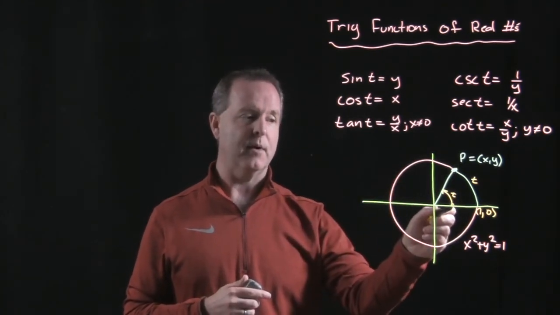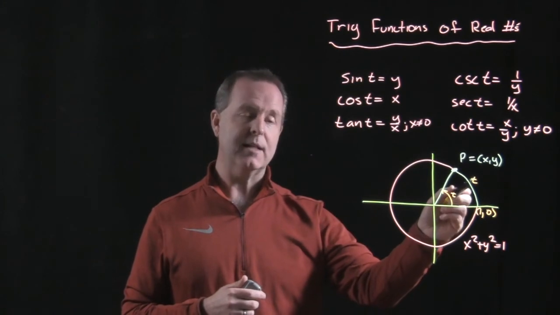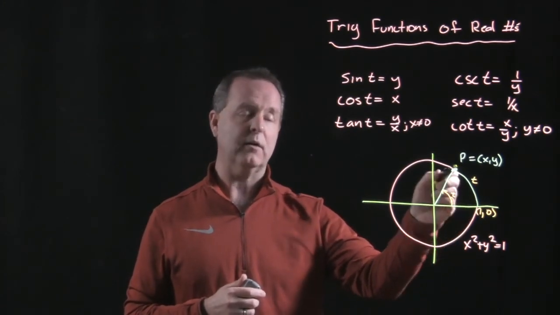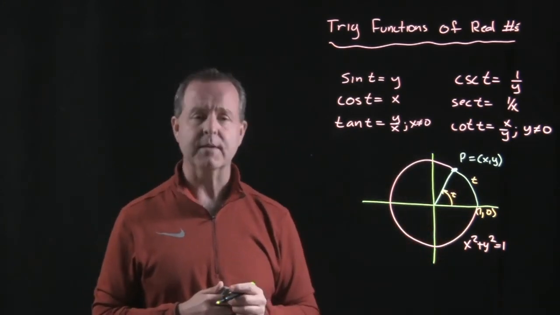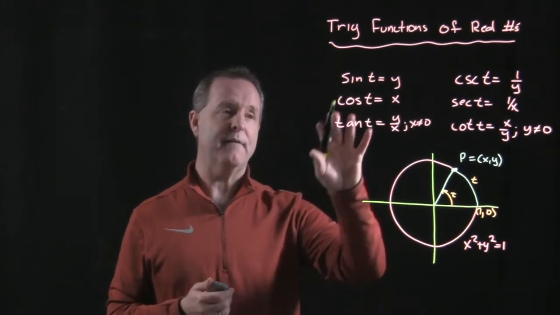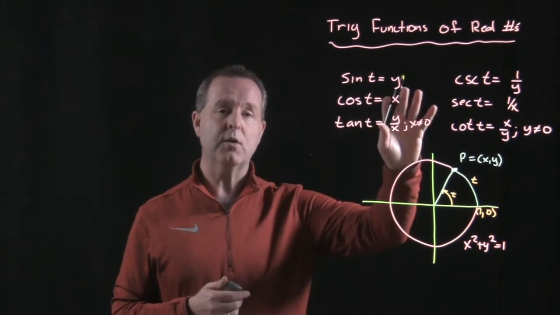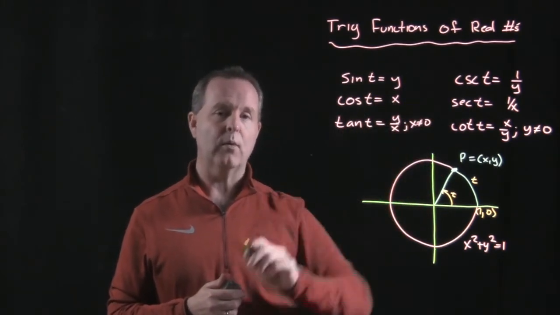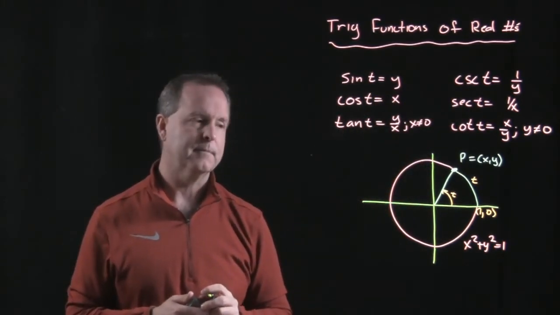So if I had some sweep of t, that's going to equal the measurement of the arc length around as well. That's useful for us as we can build onto our functions some other correlations or some other equations.